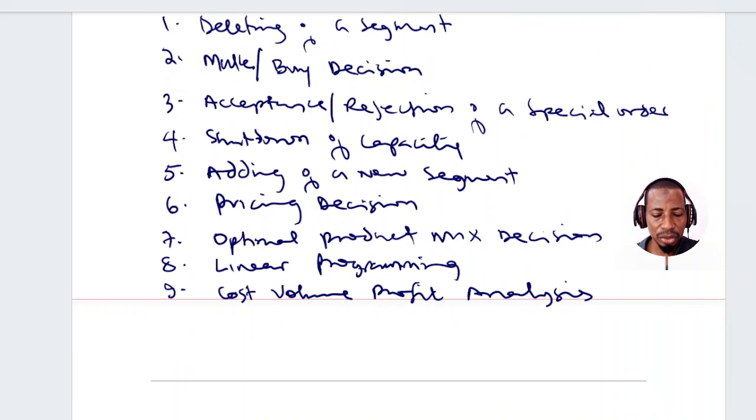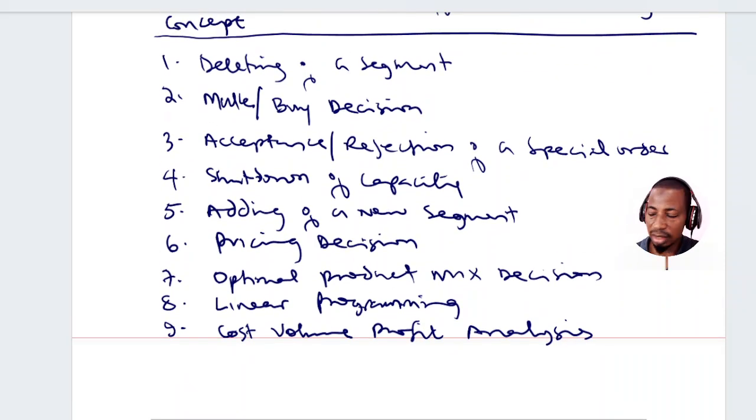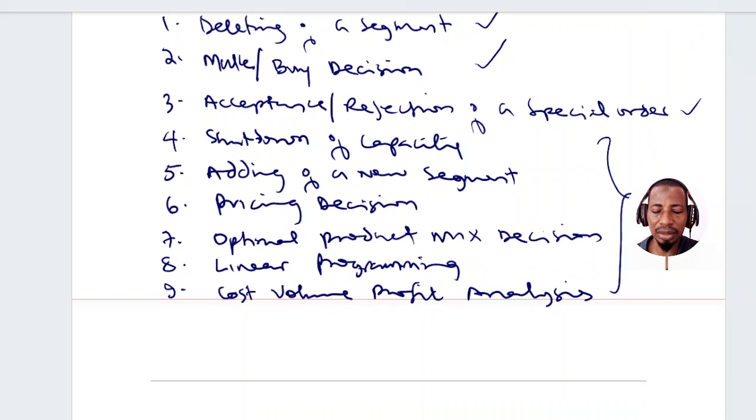Like I said, in this class, under short-term decisions, our focus will be on deleting of a segment, make or buy decision, and the acceptance or rejection of a special order. Every other area of application of marginal costing will be discussed separately as a topic on its own.